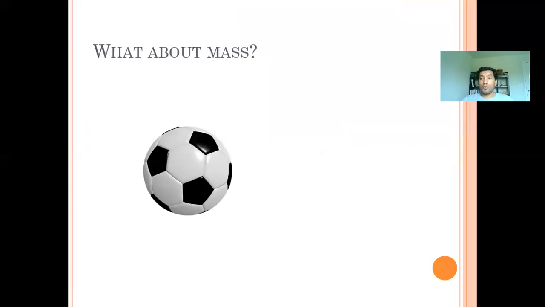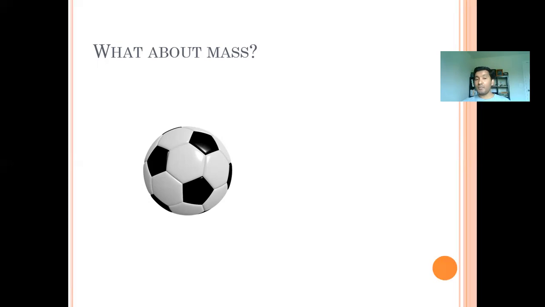Okay. What about mass? When you increase force, one physical quantity is acceleration and it increases, right? So what happens with the mass? Every object has mass. Suppose this ball has a mass of maybe 50 gram or 100 gram, right?